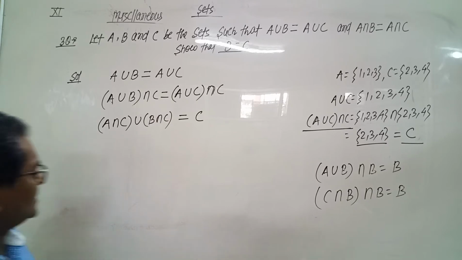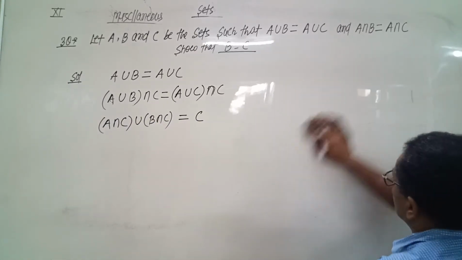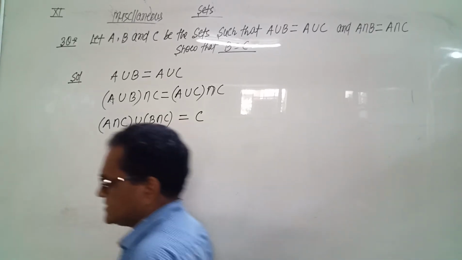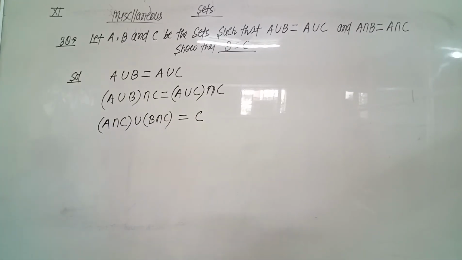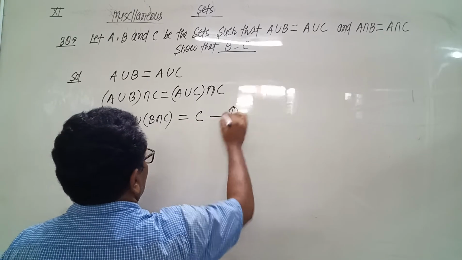So we get the result that (A intersection C) union (B intersection C) equals C, and name it the first equation.